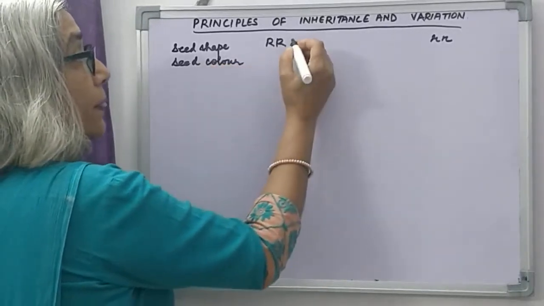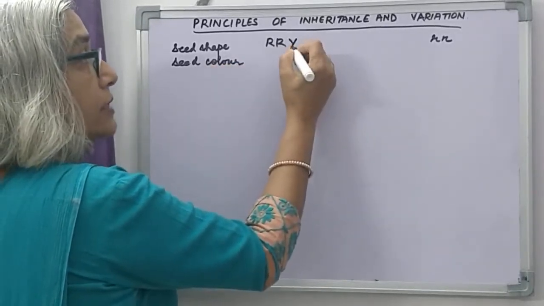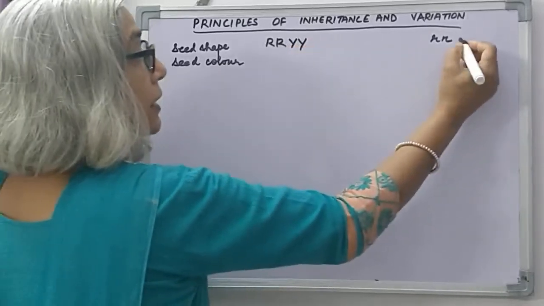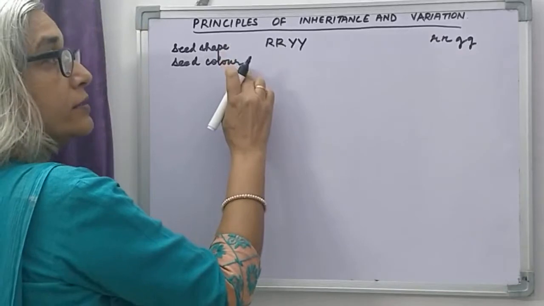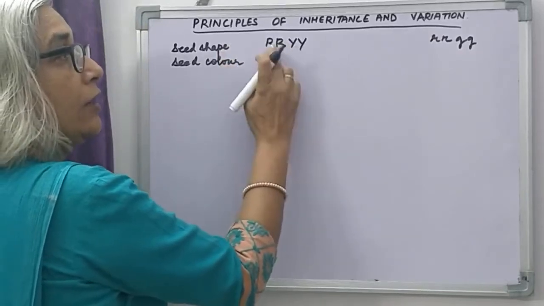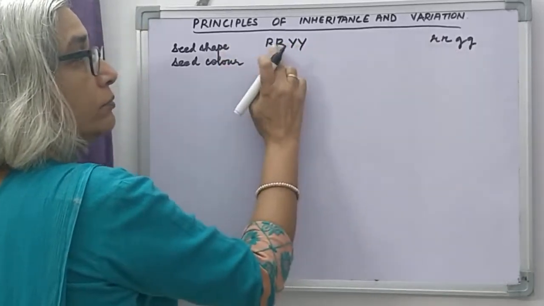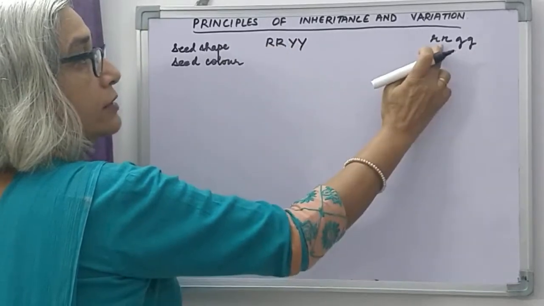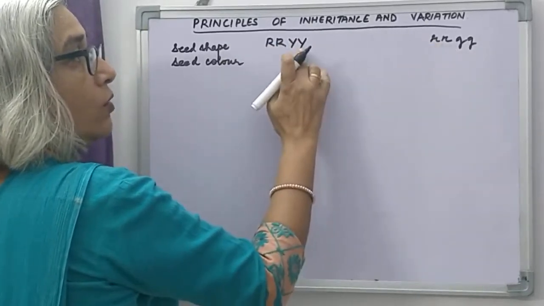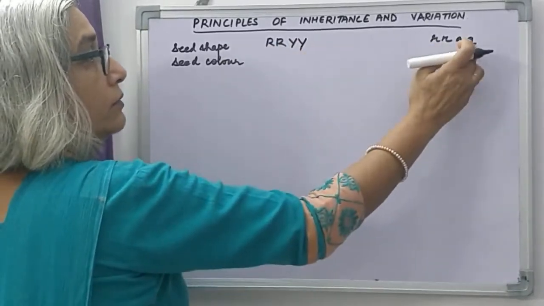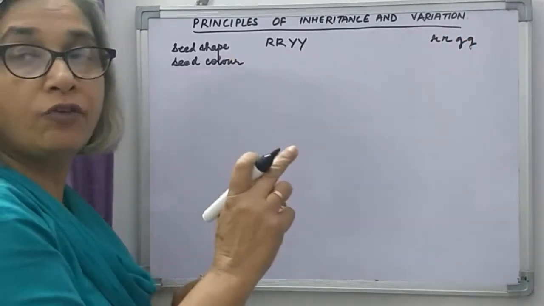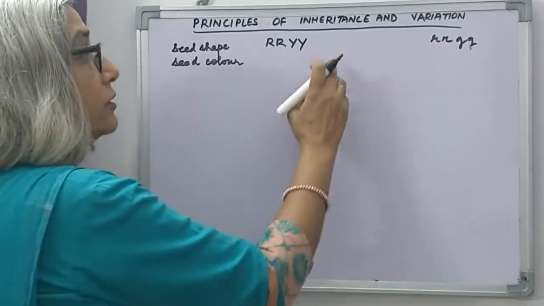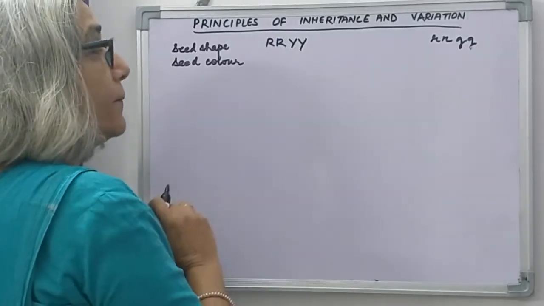Seed color, if we take into account, let us say yellow seeds and green seeds. So these are two characters and these are the allelic forms. One form round, wrinkled. Yellow, one form, and the other green. So two characters and two allelic forms of each character.